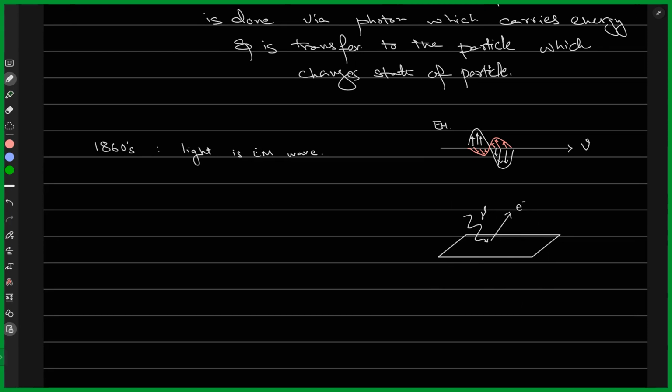Because how is it possible that a wave striking an object is releasing particles? And there were some problems coming from black body radiation as well. We will not talk about it right now in detail, but it's just that a body radiates heat or waves.